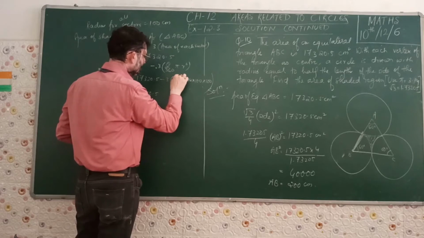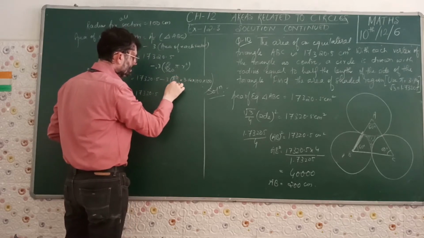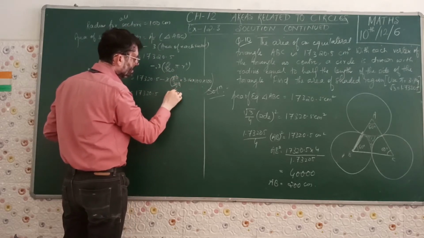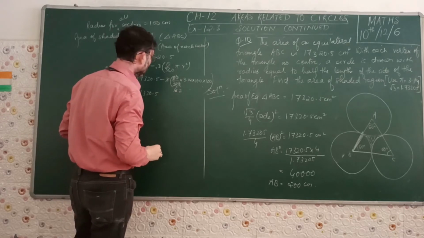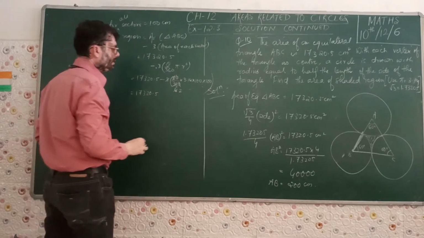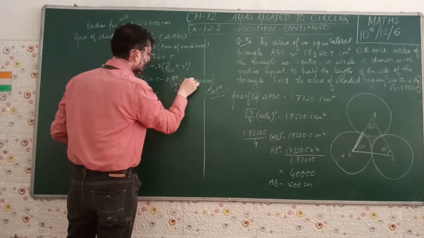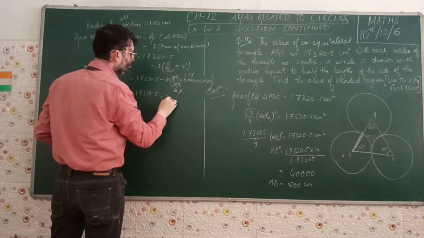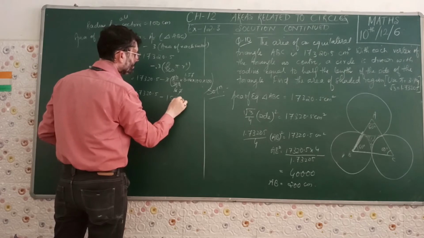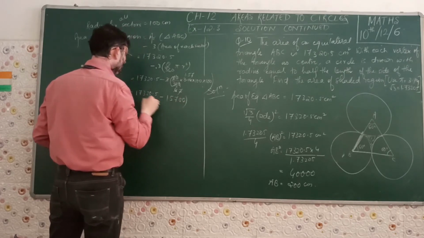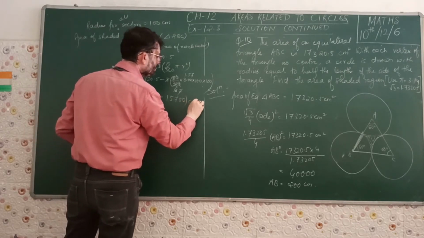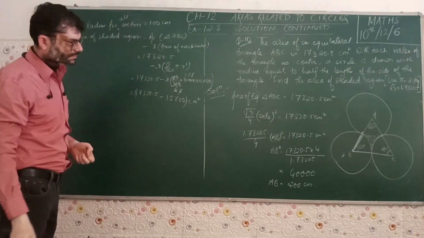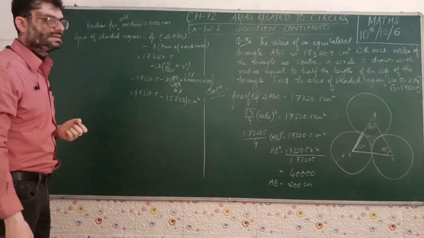Let us cancel this one. 6 and 3 2s, and this is 2, 1.57, so this is minus 15700 centimeter square. Centimeter everywhere, yeah, it's a centimeter square.